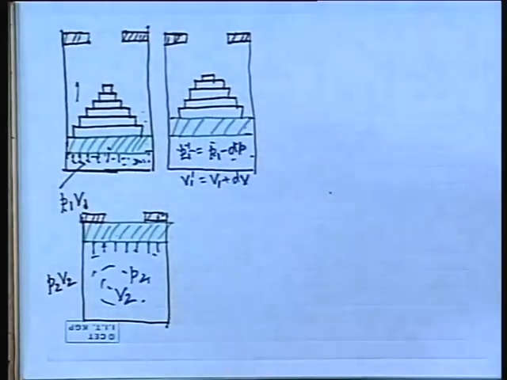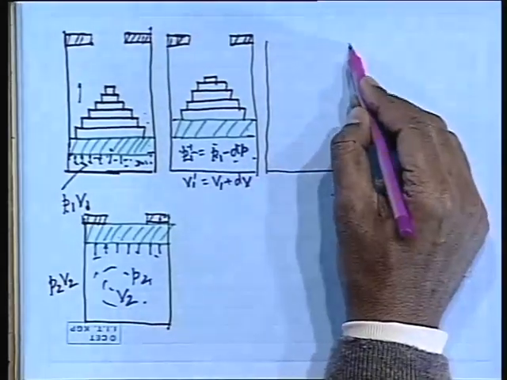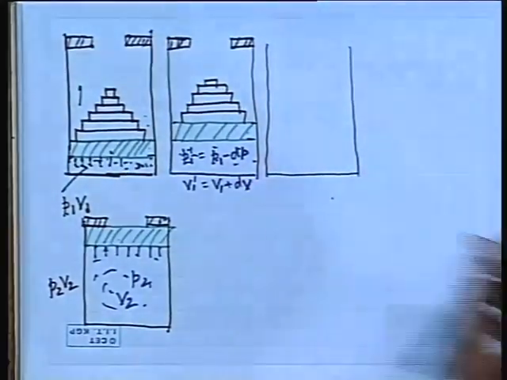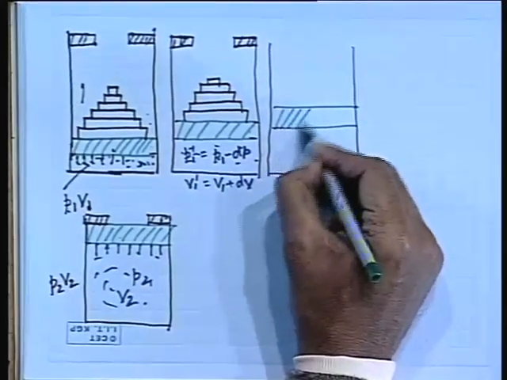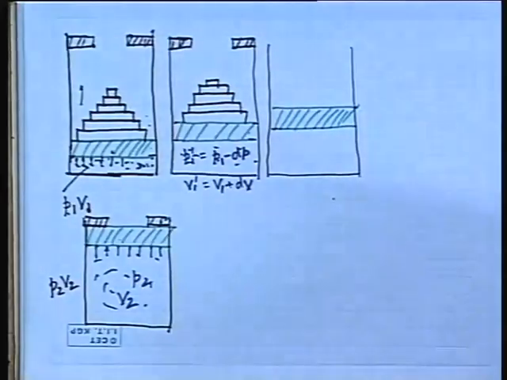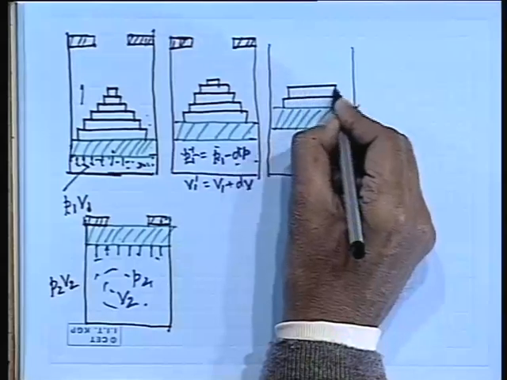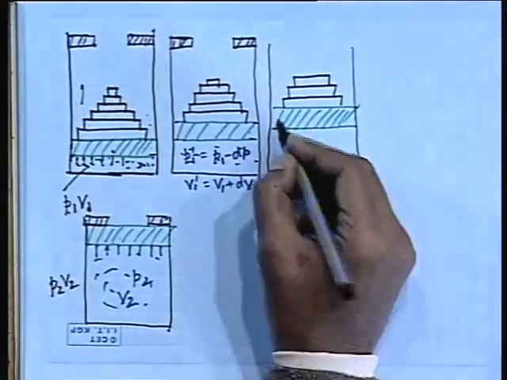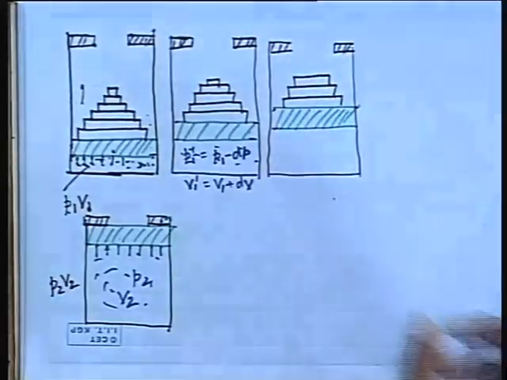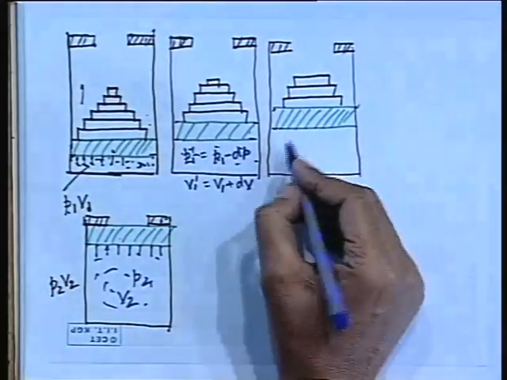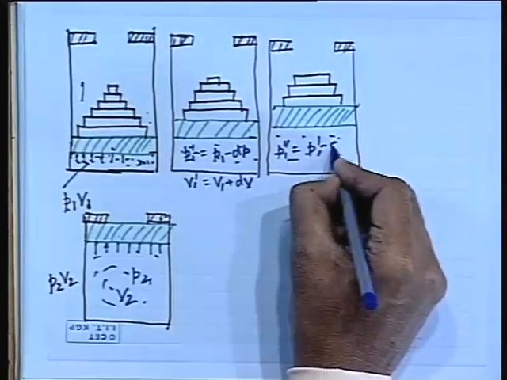Let us consider another picture where we have removed another weight slowly. If we think in terms of infinite resolution of the weights and go on reducing the weights like this, the piston will ultimately come to this position slowly, and the next third position is P1 double dash, which is P1 dash minus dP.